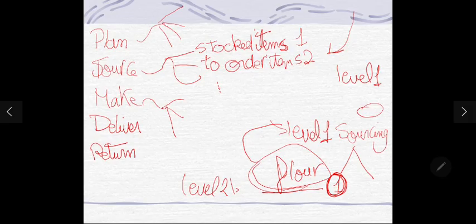In other words, what type of sourcing? We classified level 1 as sourcing. Then inside sourcing, which type of sourcing? Is it sourcing a stocked item or sourcing to order items? Or which type of sourcing?